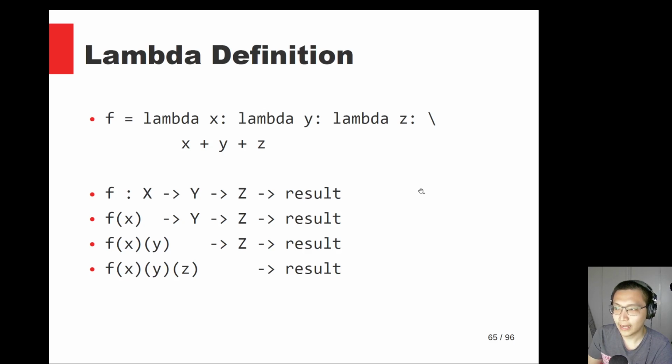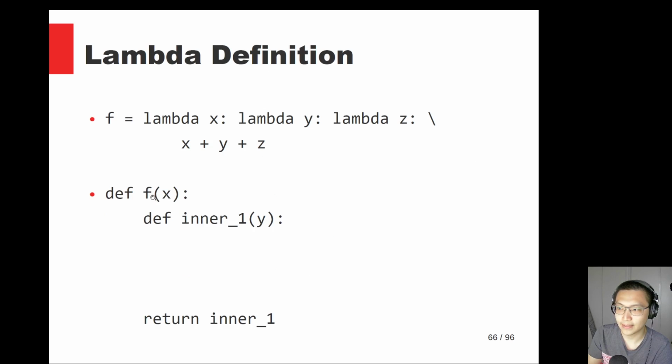An alternate way of defining this function f would be something like this. f returns an inner function, instead of using lambda notation. What does this inner function do? This inner function accepts y and returns a second inner function. What does this second inner function do?